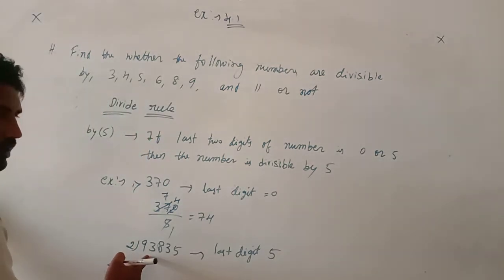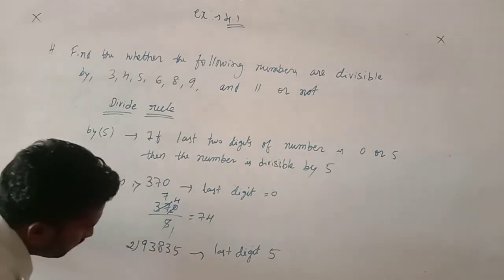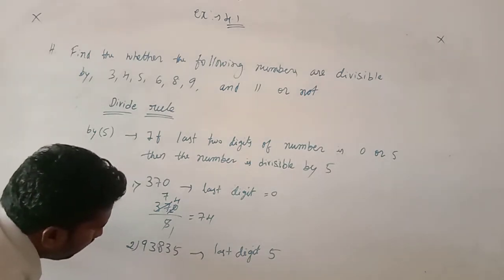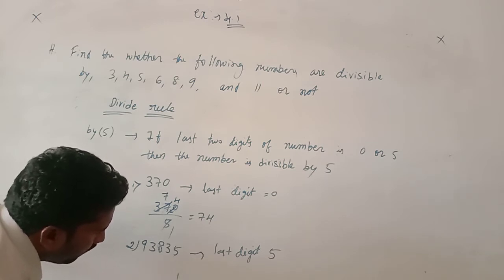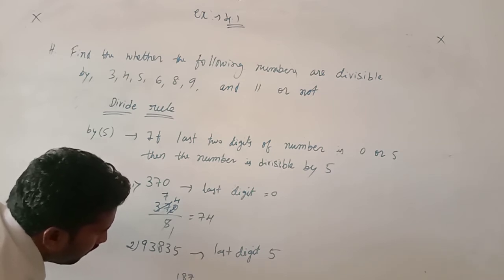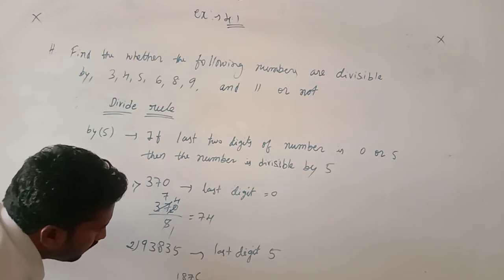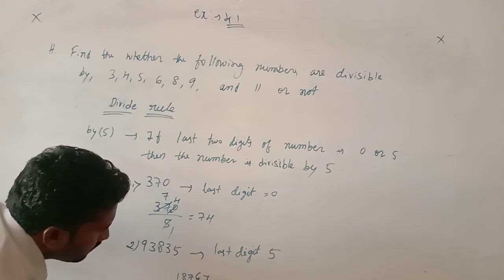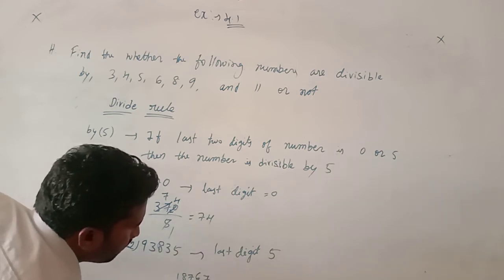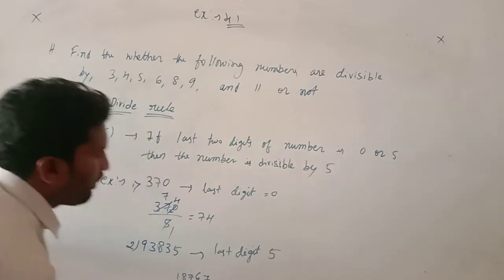The number should be divisible by 5. 93835 by 5: 5 1s are 5, remainder 4. 5 8s are 40, remainder 3. 5 7s are 35, remainder 3. 5 6s are 30, remainder 3. 5 7s are 35. It is getting 18767.